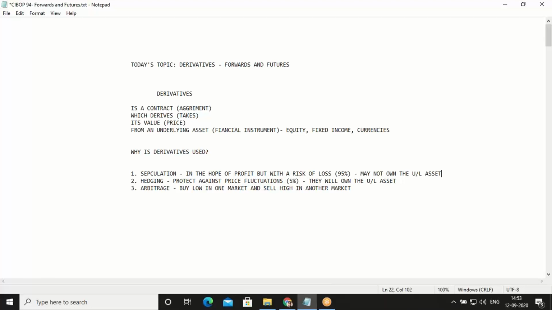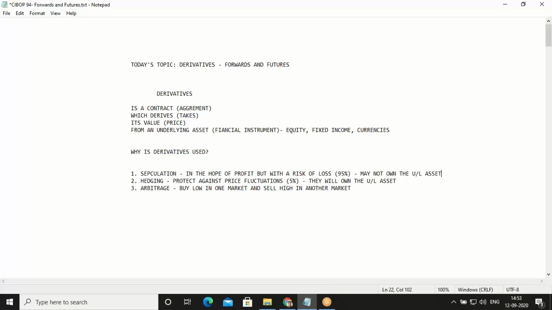But in hedging, if you own the underlying asset, you're a hedger. Is this part clear with everyone? So speculation, you're expecting based on your research something to go up or down, and based on that, you're going to make money. But if the price goes down, you're okay to take that loss. Now, when we talk about hedging, you own the asset and you want to protect it against price fluctuations. So speculation and hedging.